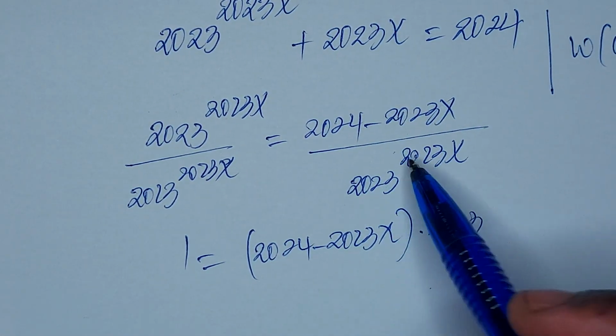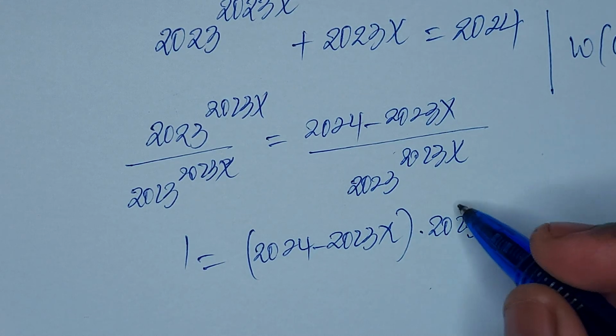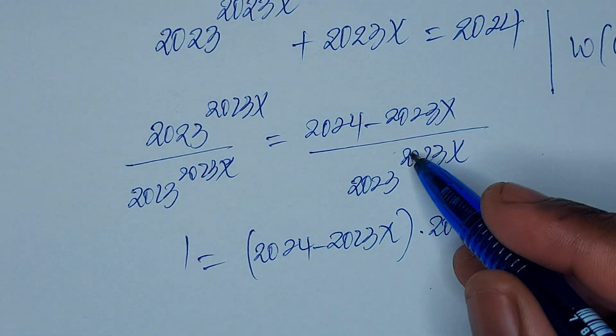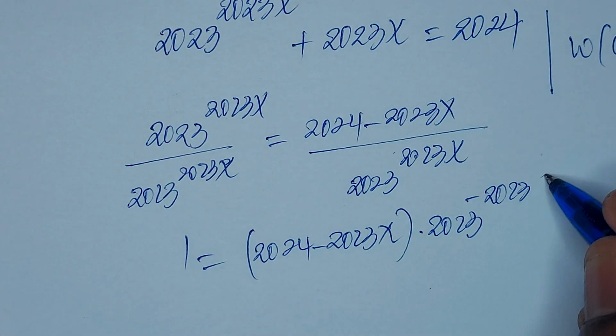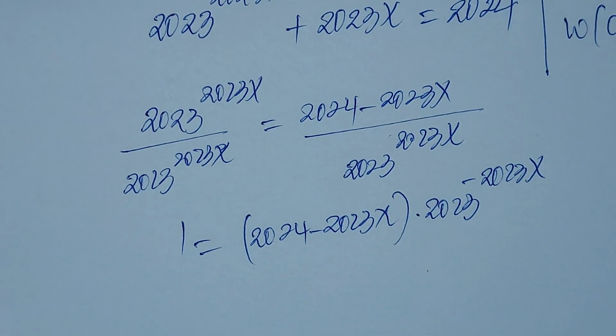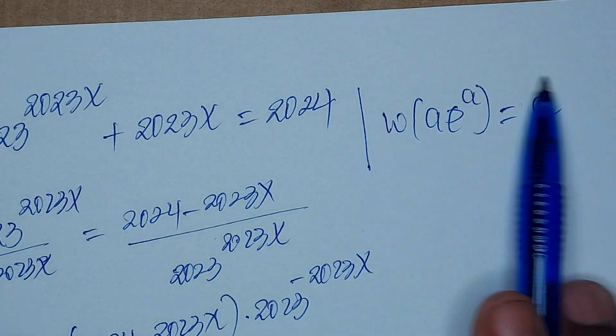Now this is in the denominator, so when it comes to the numerator, we're going to change the sign of the power, so it's going to be minus 2023x.